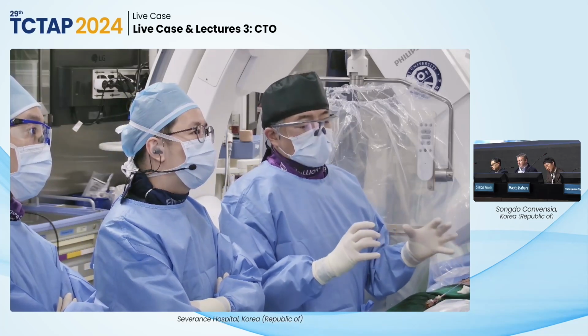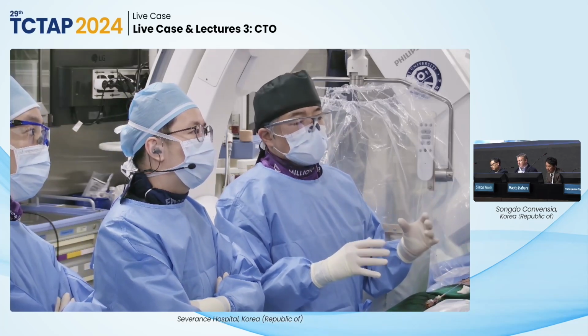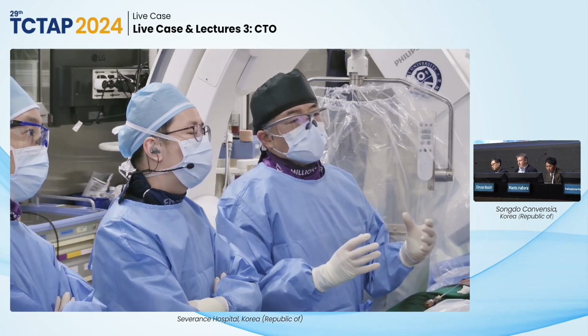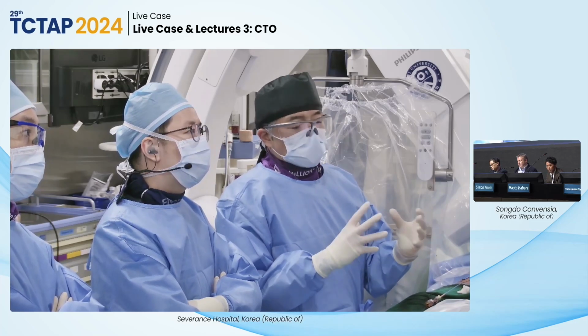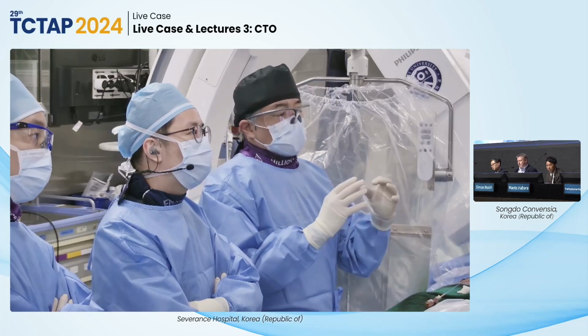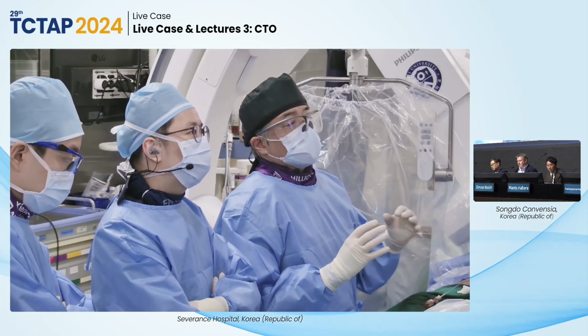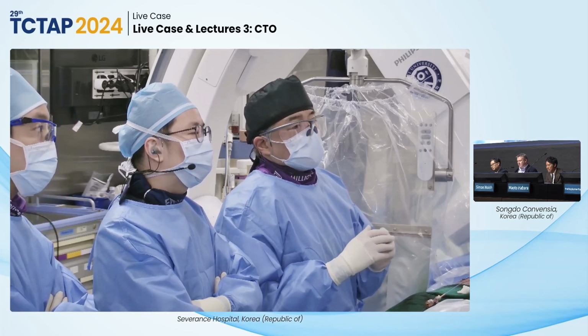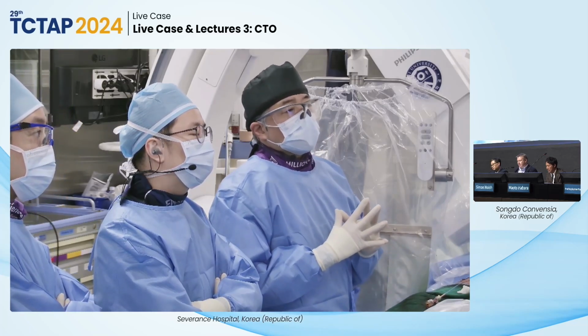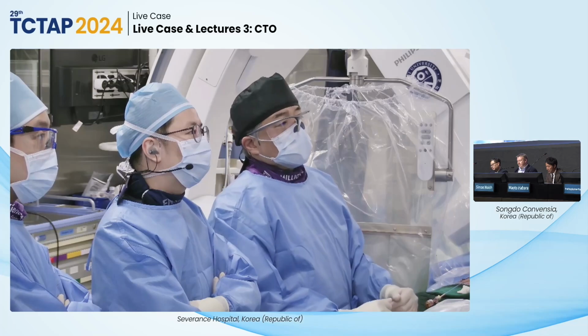Based on the CT analysis, we decide which plan would be best and which access. Anyway, based on the CT scan, we had a plan for the CTO PCI. So are there any comments or questions on our CTO case?